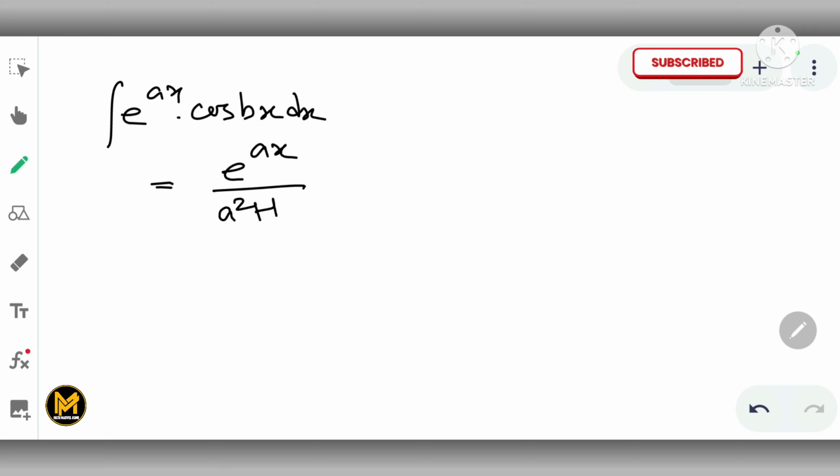Now similarly from this derivation we can easily write that the integral of e to the power ax cos bx dx, on integration, will be e to the power ax divided by a square plus b square into a cos bx plus b sin bx plus c.